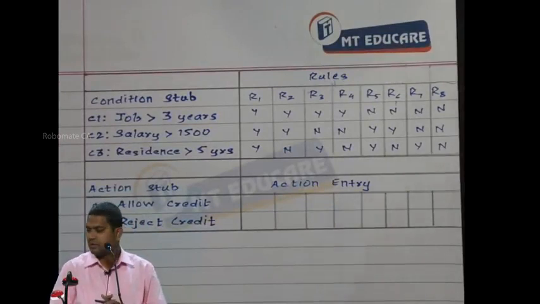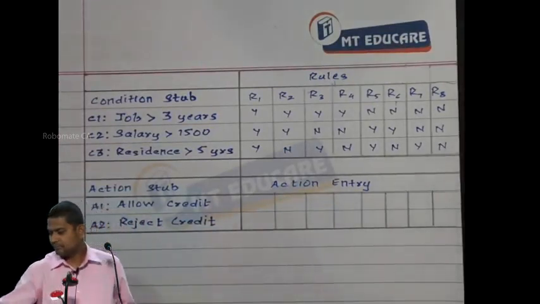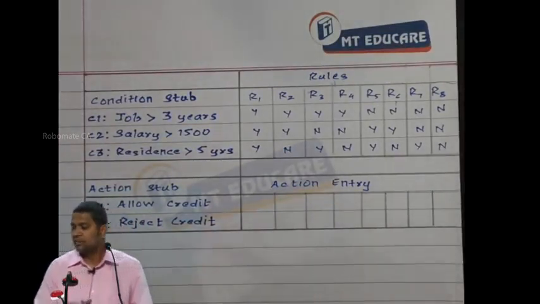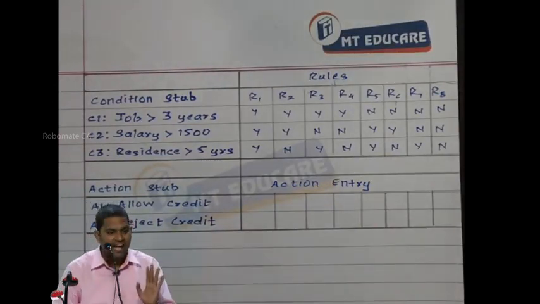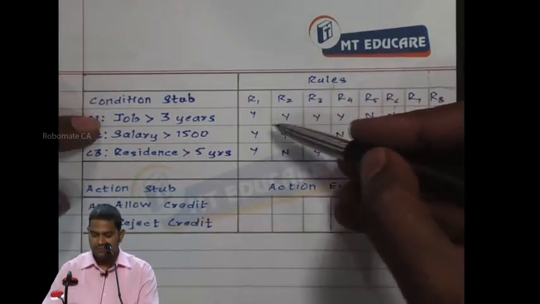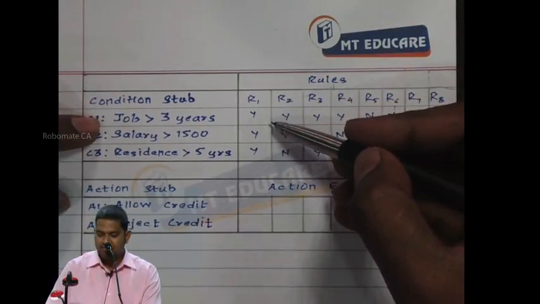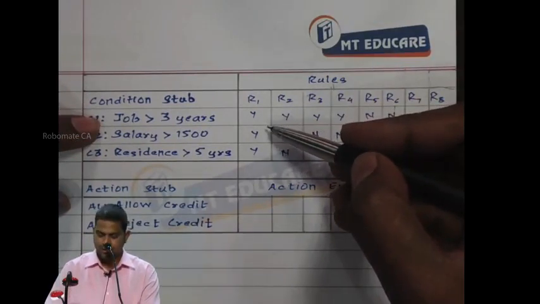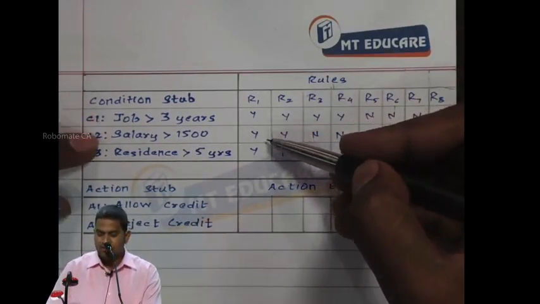Now listen. Now we will analyze what action is being performed. Check the first condition. Is the job greater than 3 years? Yes. Is the salary greater than 1,500? Yes.